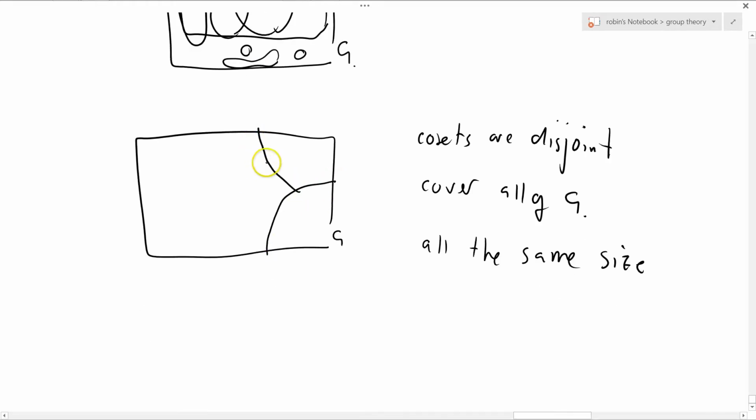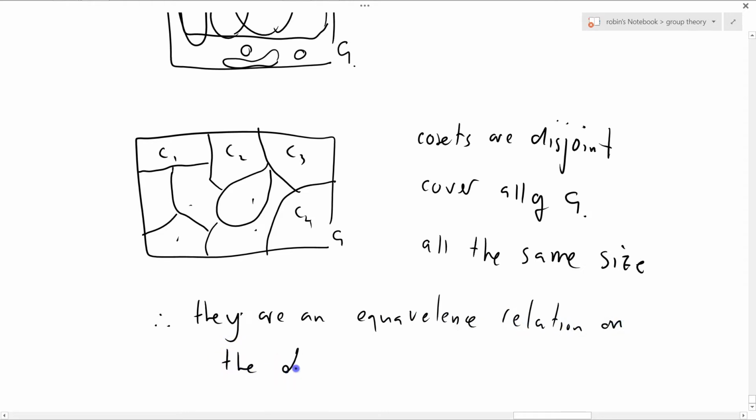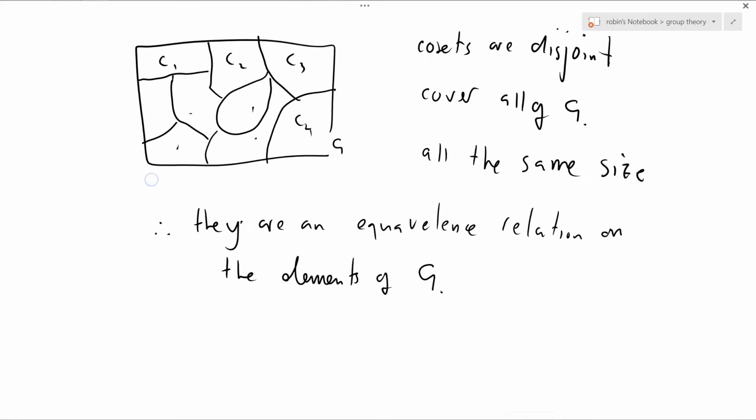I'm not going to draw them in any kind of particular way, I'm just trying to draw it in a reasonably plausible way. That might be coset number 1, coset number 2, coset number 3, coset 4, and so forth. They're all the same size, and therefore they are an equivalence relation on the elements of G. Well, that's quite a powerful thing to say.